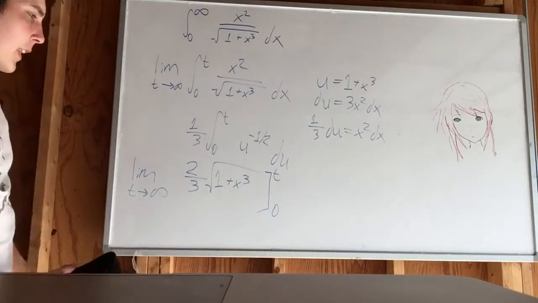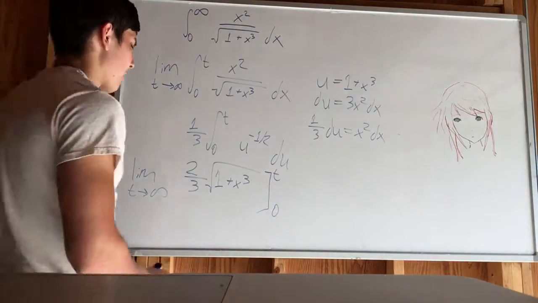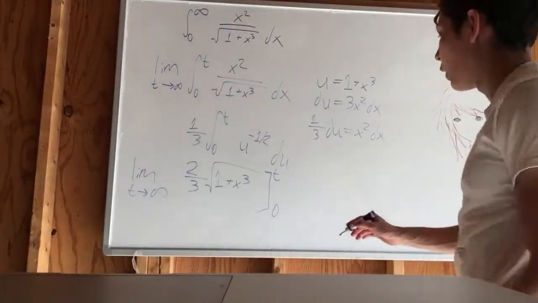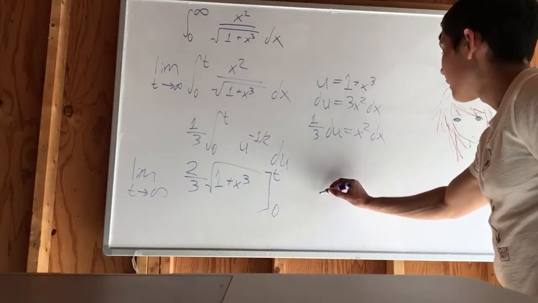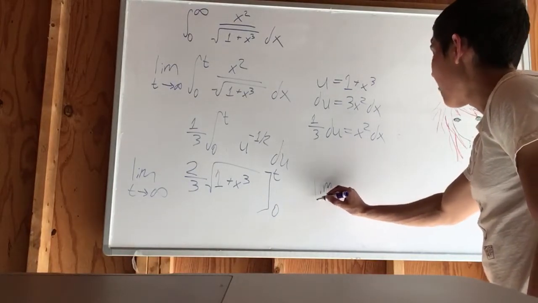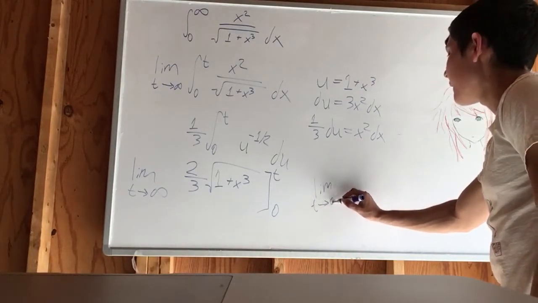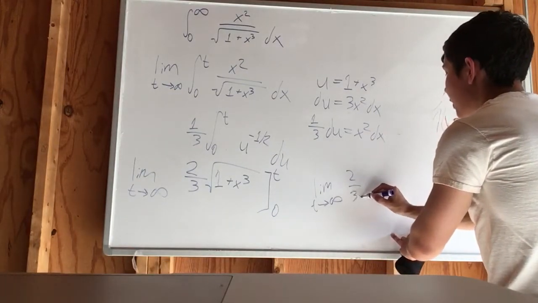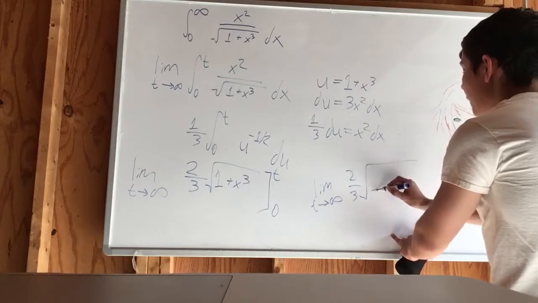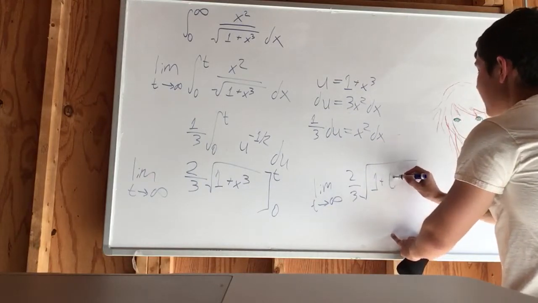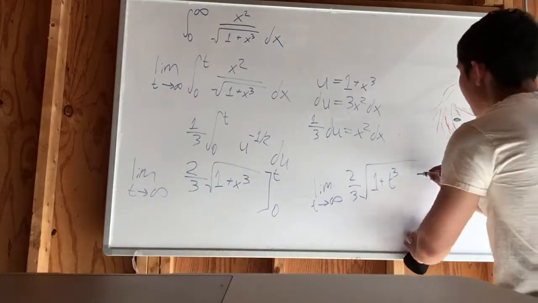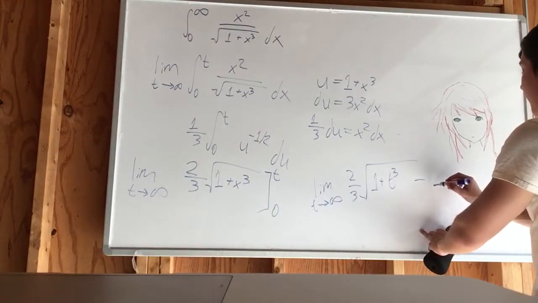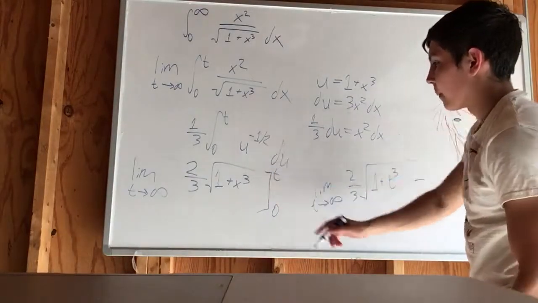So first we plug in the upper bound, and then we're going to subtract the lower bound. So limit as t approaches infinity, we've got 2/3 square root 1 plus t cubed, minus, and then we plug in 0.